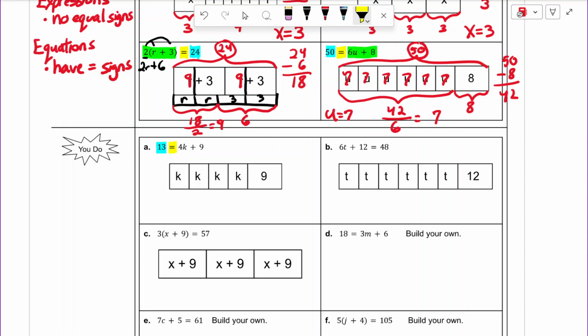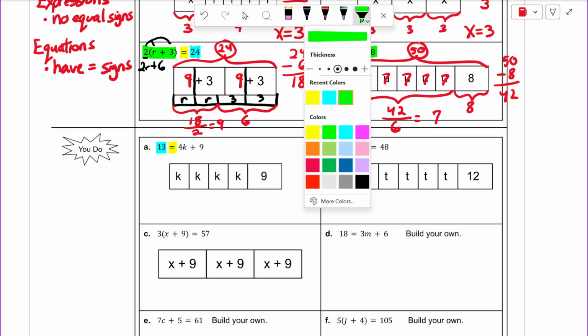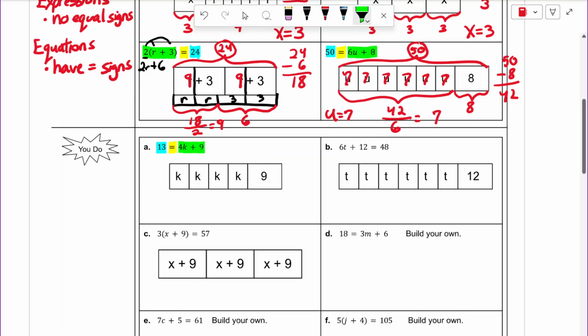So we'll paint that green. Okay, so this entire piece of tape is worth 13, and this, of course, is worth 9, and this part is unknown. We don't know what the 4k's are worth.